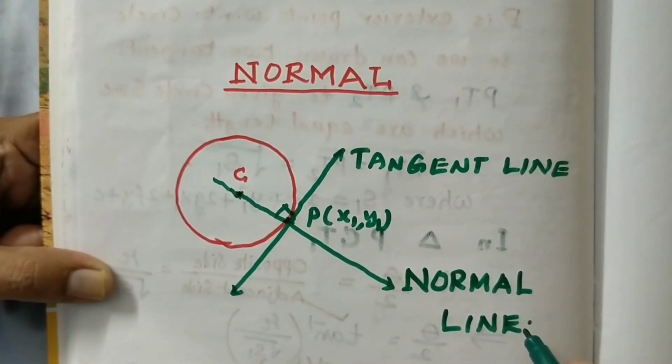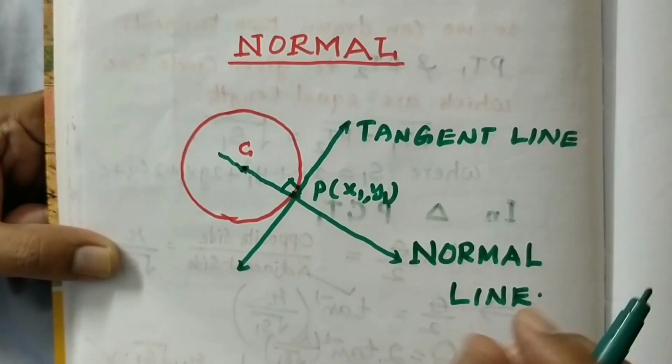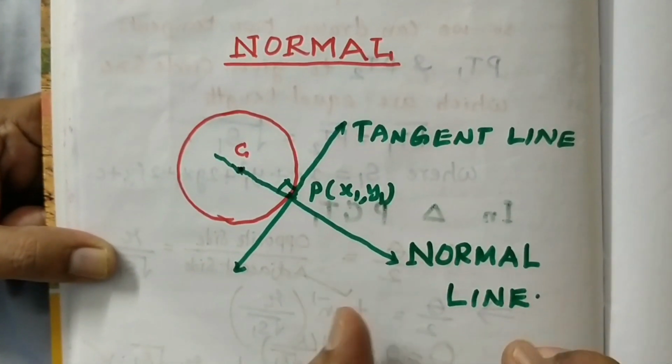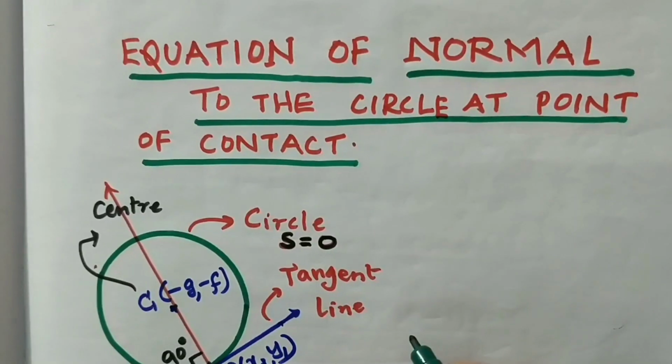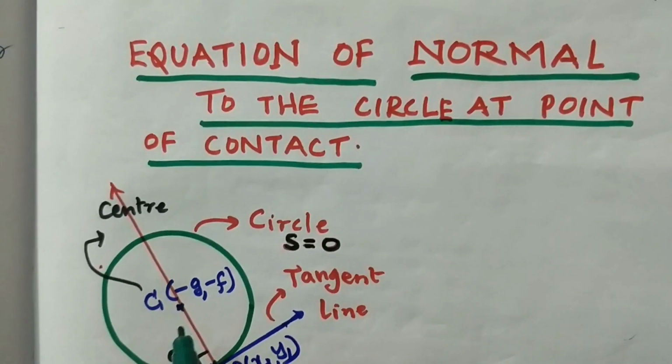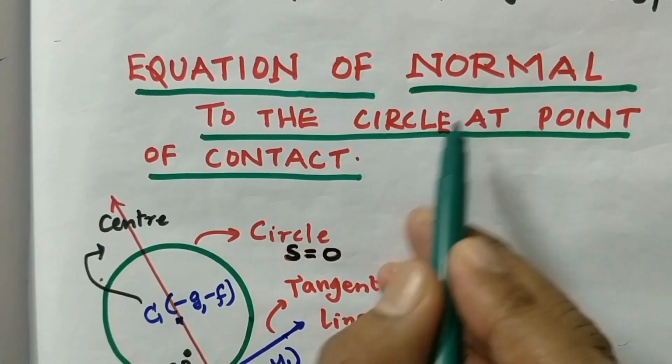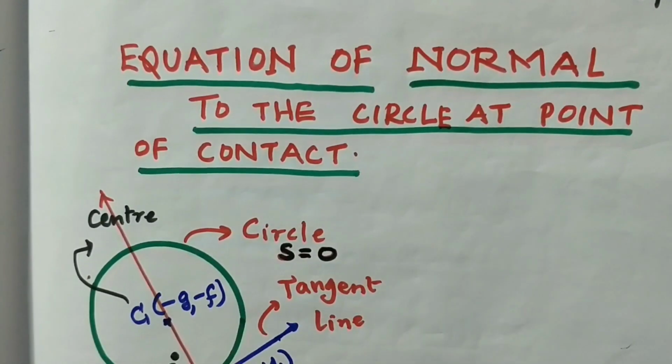Then how you can find the equation of normal, that you have to see. The equation of normal to the circle at the point of contact P, that we are going to find.